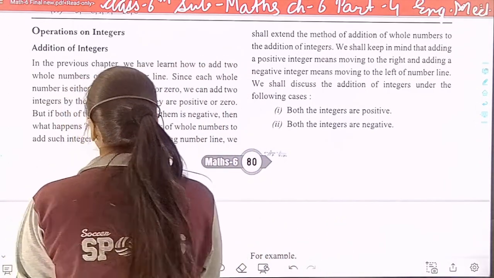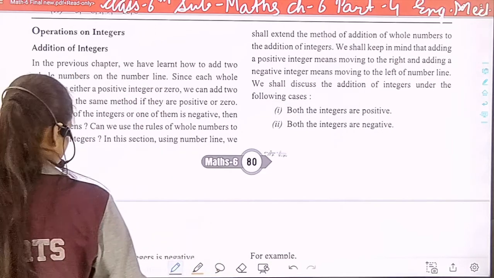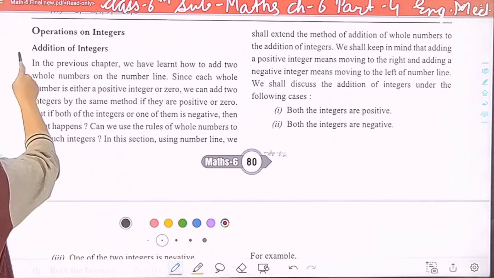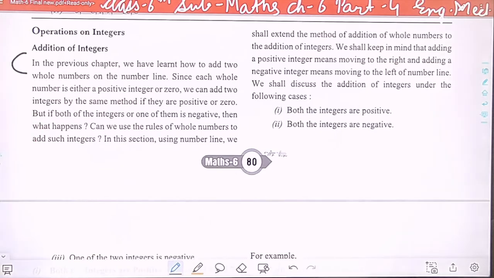First one is addition of integers. In the previous chapter, we have learned how to add two whole numbers on the number line. Since each whole number is either positive or zero, we can add two integers by the same method if they are positive or zero. But if both of the integers or one of them is negative, then what happens?